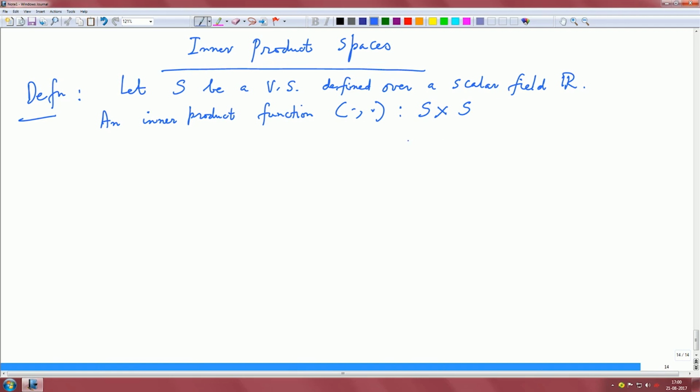S cross S means it is a Cartesian product, and it is a function from S cross S to R with the following properties.